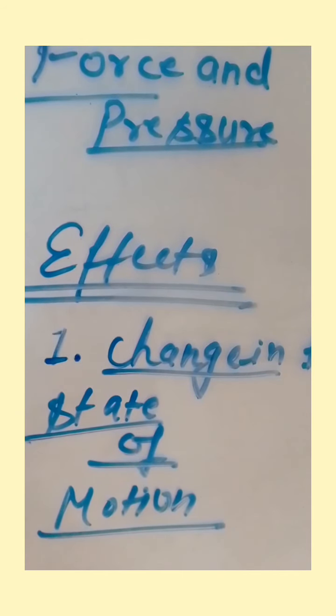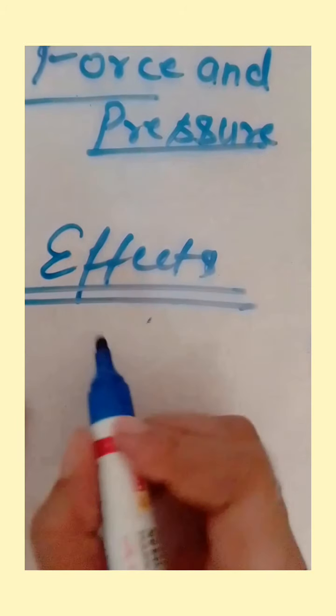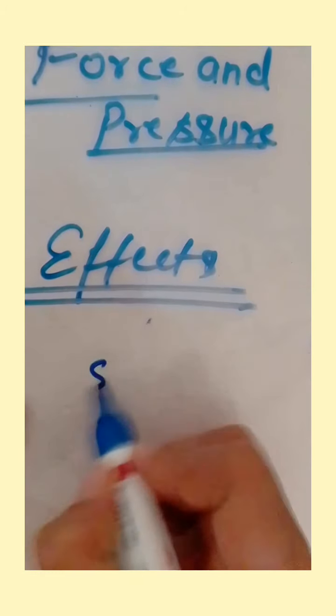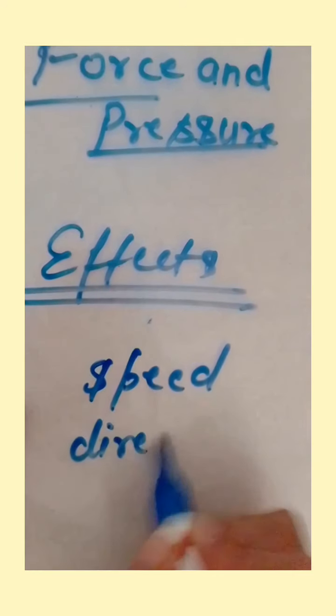So, change in the state of motion means when there will be change either in the speed or in its direction. Right? Change in the state of motion means change either in speed or in its direction.